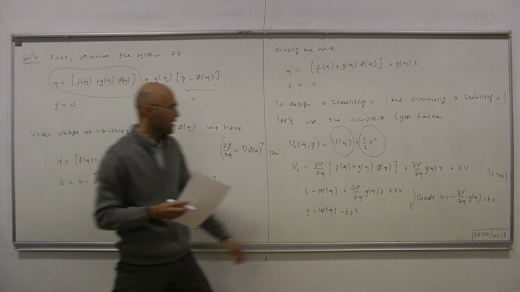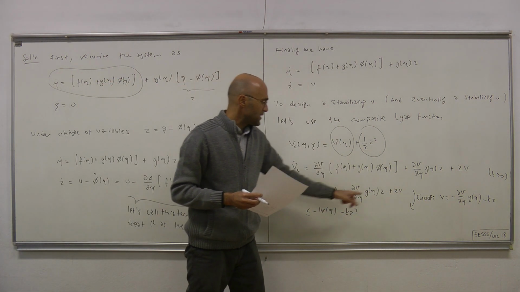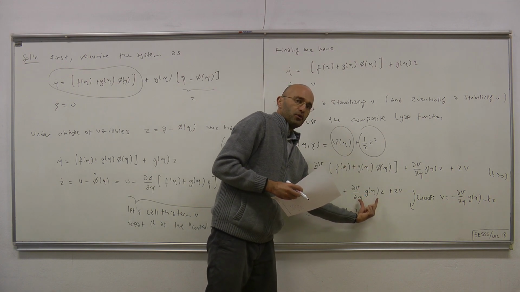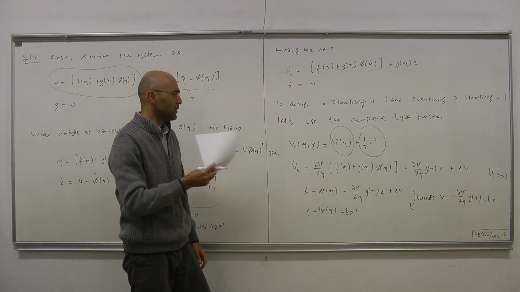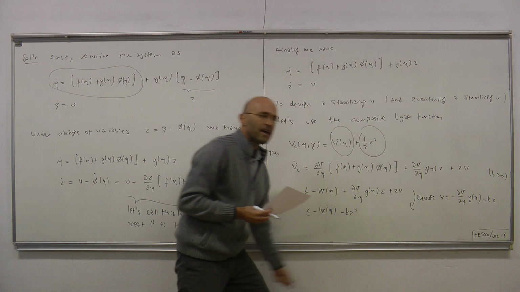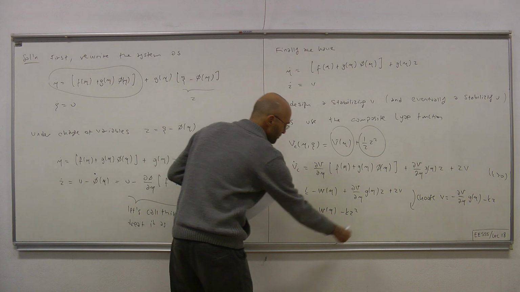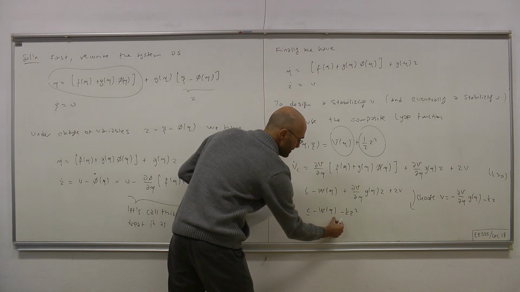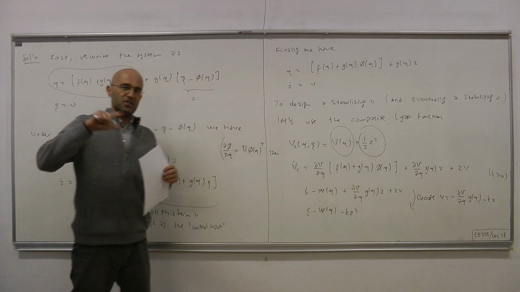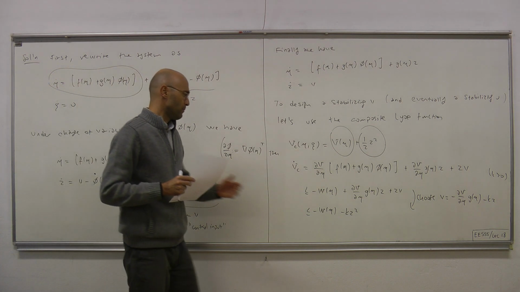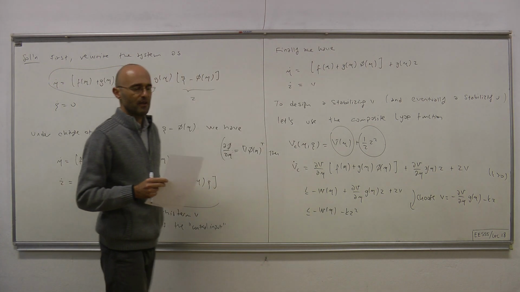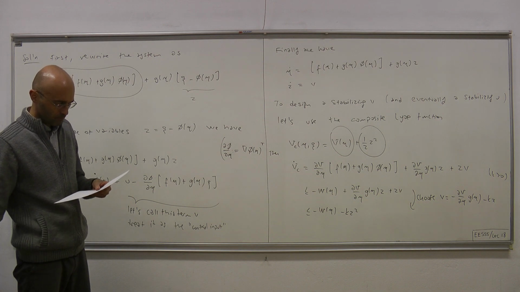Okay, so we use V to cancel this potentially harmful term, plus to obtain this negative term in terms of Z. So the whole term, this minus W eta minus KZ squared, is negative definite with respect to eta and Z. And that's what we want.